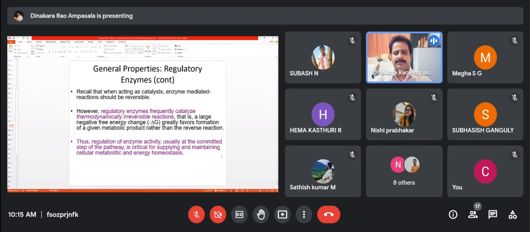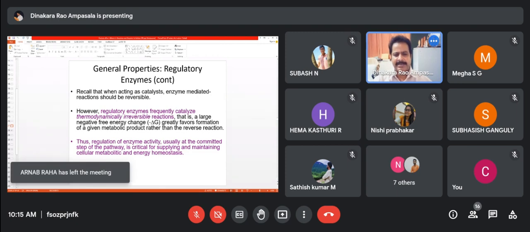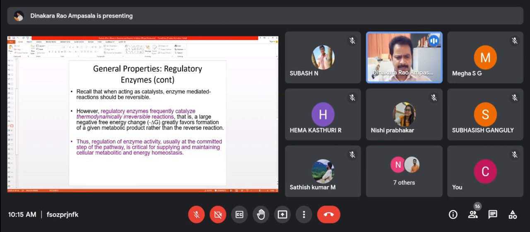So most of these metabolic regulatory enzymes catalyze irreversible reactions. Thus, regulation of enzyme activity usually occurs at the committed step of the pathway. It is critical for supplying and maintaining cellular metabolites and energy homeostasis.